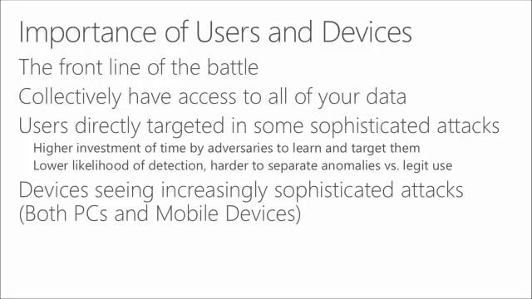Websites are another potential one, but the users tend to be where the adversaries are targeting to get their beachheads, their entry points into an organization. Ultimately, those users and devices in your organization collectively have access to all of your organization's data. It doesn't mean that any individual one has access to all the data, but collectively, all together, they do. So they are extremely important in aggregate to protect, although you do have to assume breach and assume some of them will be compromised.